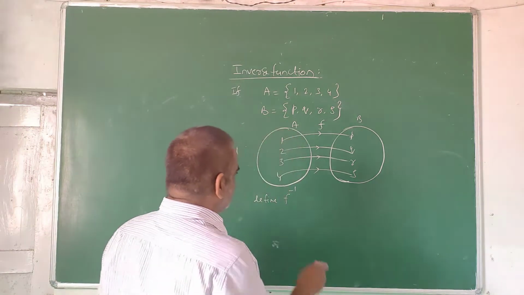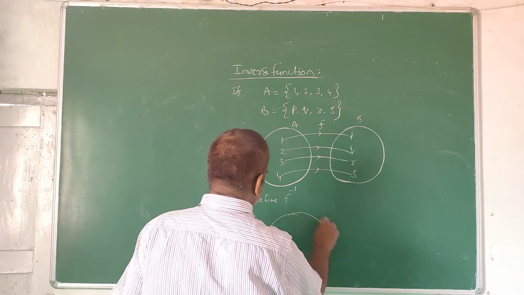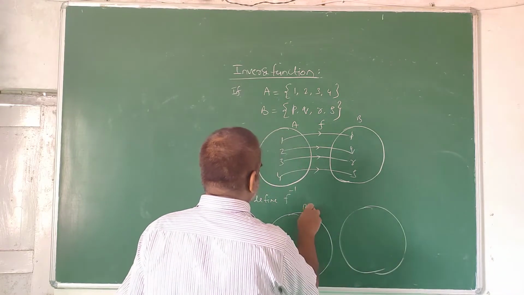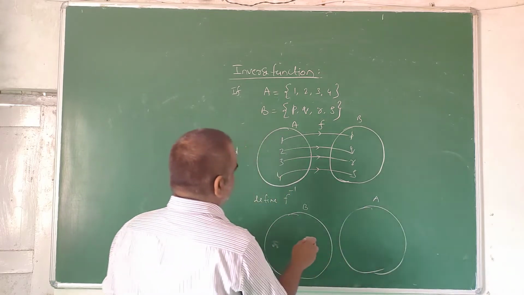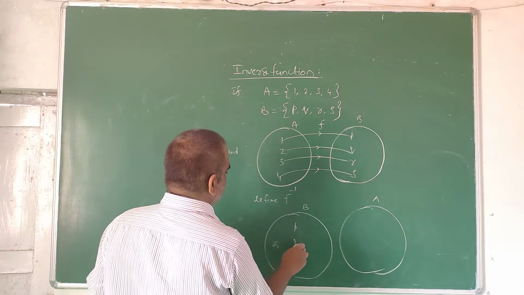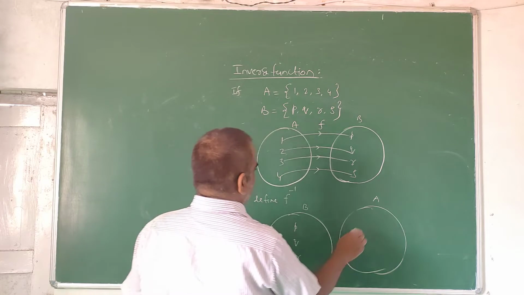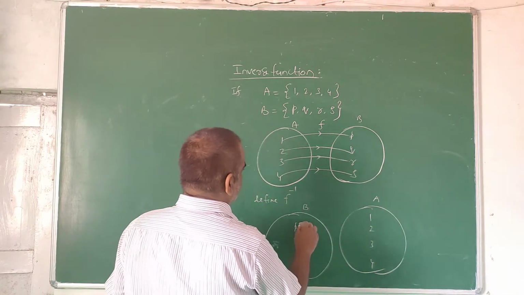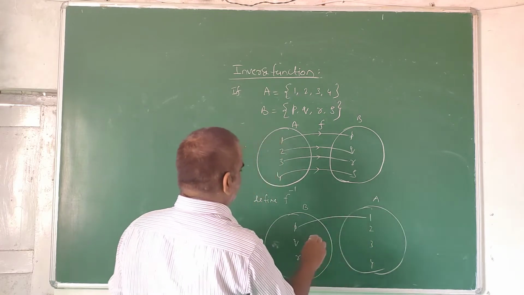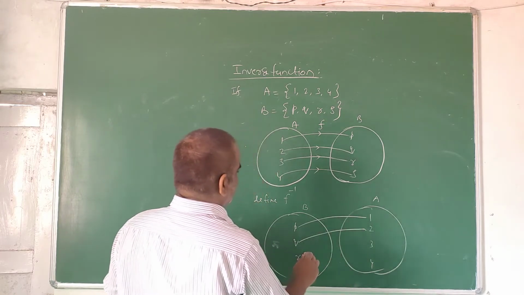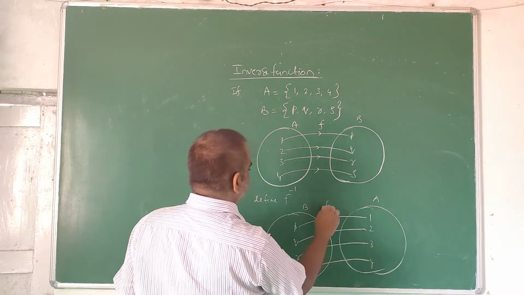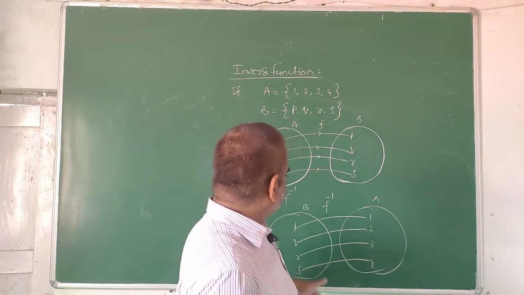So obviously f inverse is from B to A, where B is p, q, r, s and A is 1, 2, 3, 4. So here p to 1 you have to take, q to 2, r to 3 and s to 4. This should be f inverse.